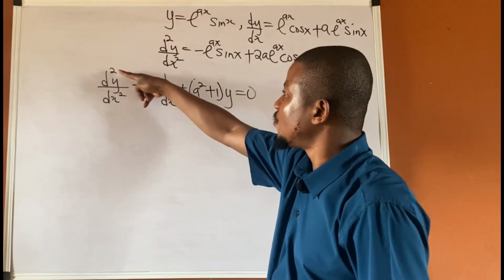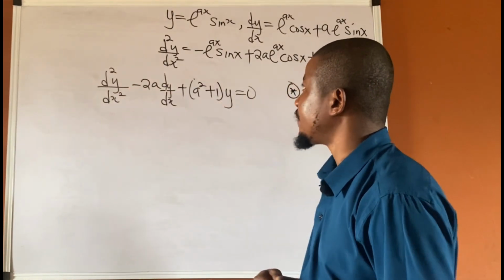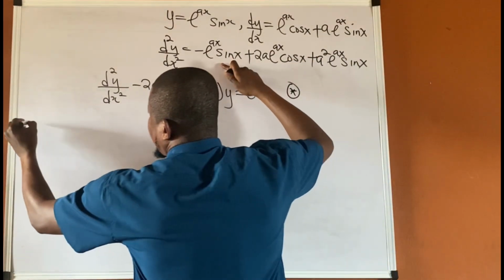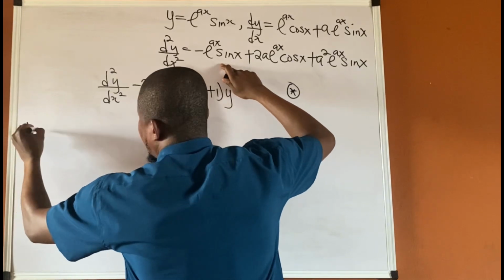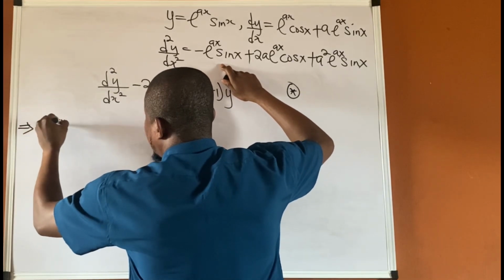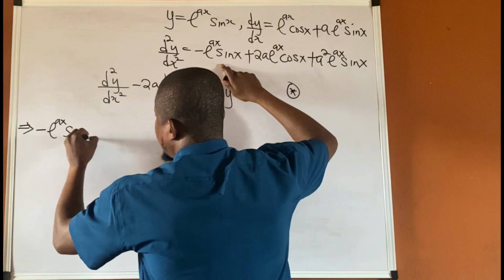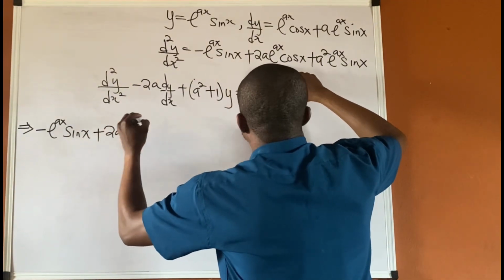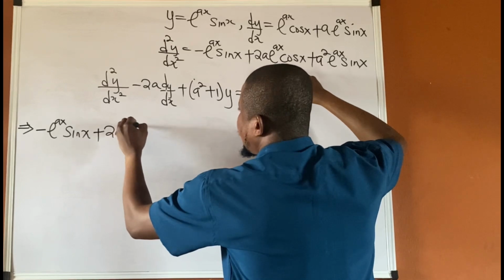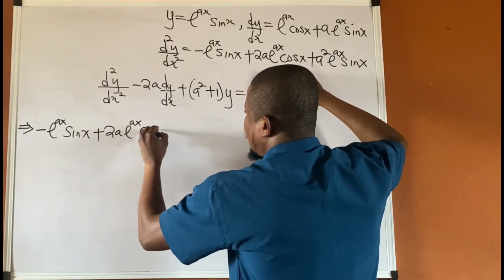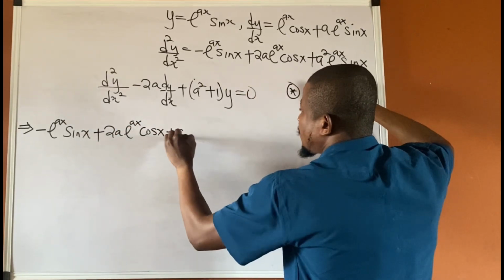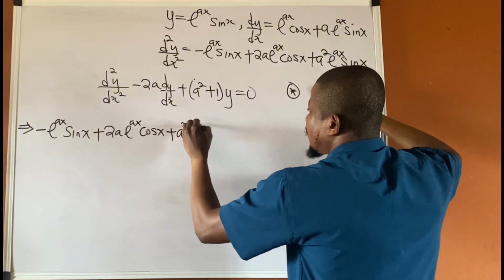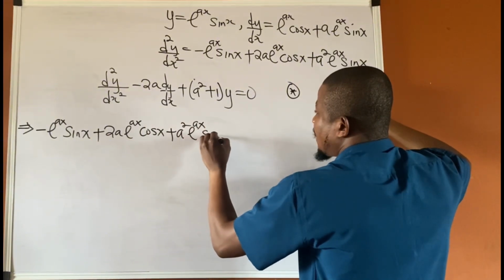First we have to substitute for d²y/dx². And so we have this. So this gives us a negative e^(ax) sine x plus 2a e^(ax) cos x plus a squared e^(ax) sine x.